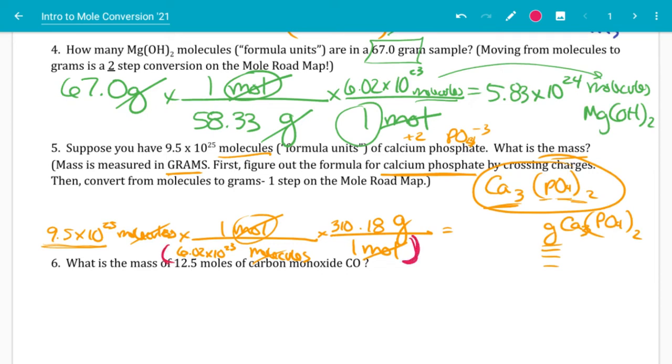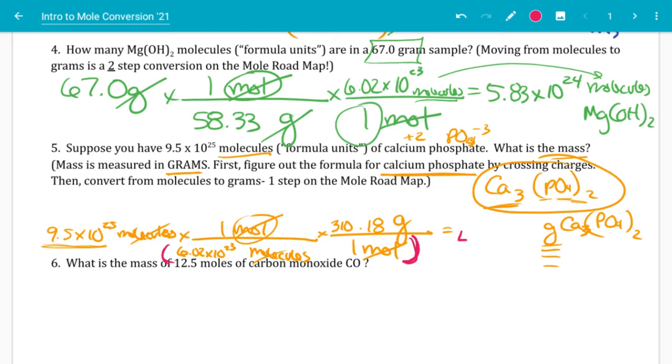The whole bottom part of it has to be in parentheses. So divided by, and I'm doing parentheses, 6.02 times 10 to the 23rd times 1 if you want, close parentheses, equals. And I got a big number.